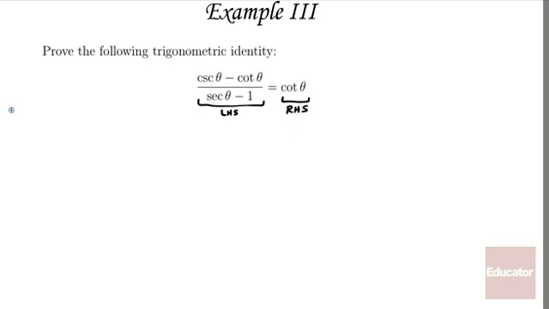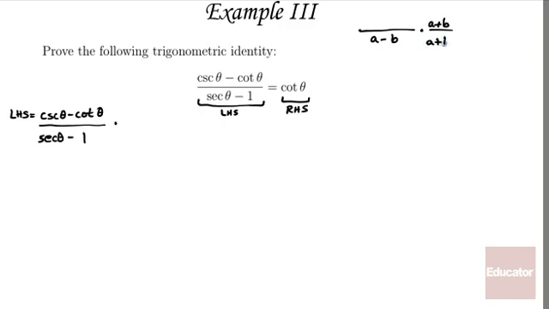So the left-hand side is cosecant theta minus cotangent theta over secant theta minus 1. Now I'm going to do something clever here, and it's based on this old principle that whenever you have an a minus b in the denominator, try multiplying by the conjugate, a plus b over a plus b.